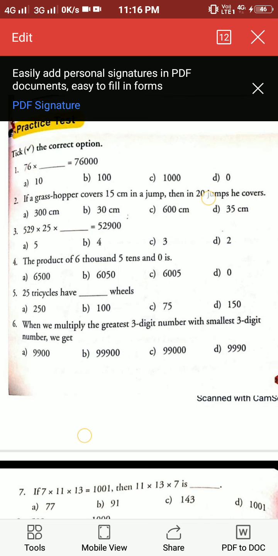This is mental calculation. 15 multiplied by 20, and the last digit is 0, then you can do it very easily. 15 multiplied by 2 is 30. This one 0 we put on the right side, and 30 on the left side. That means 300.